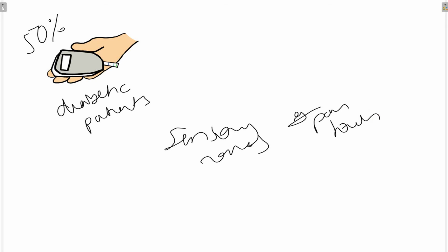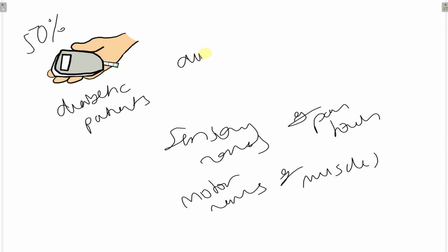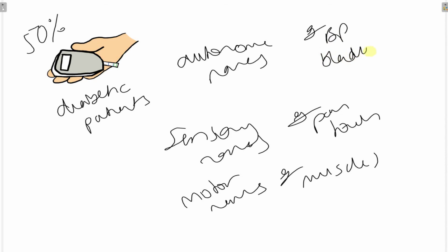You've got motor nerves, those responsible for controlling, say, muscles, because they're involved in movement. And autonomic nerves, those responsible for regulating automatic functions of the body, such as blood pressure or bladder function.